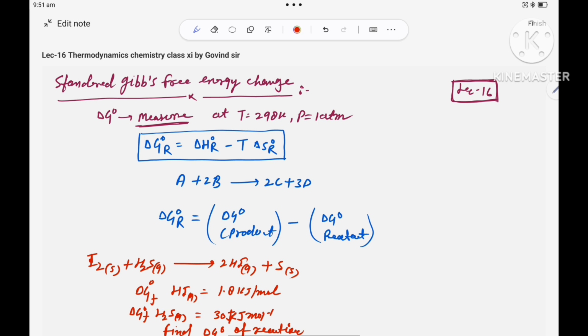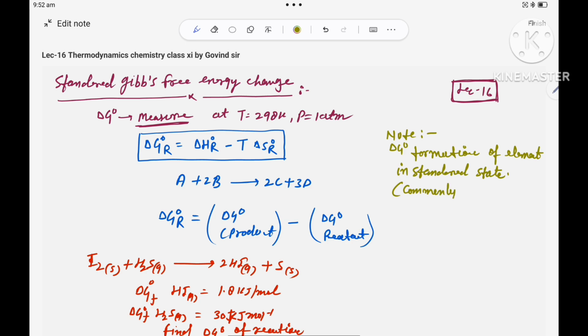So how to find? One thing you can note here, just like in enthalpy we told you, delta G naught of formation of an element in standard state, means 298 Kelvin temperature and 1 atm pressure, or you can say commonly observed state, that will be 0.